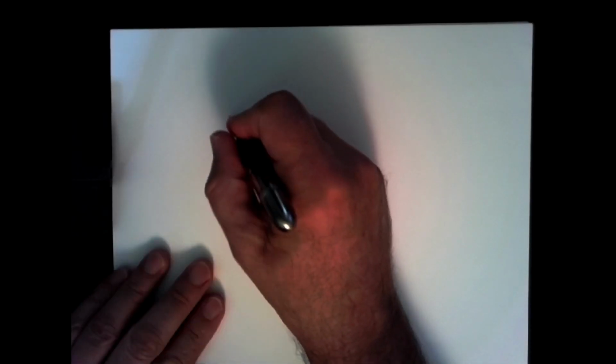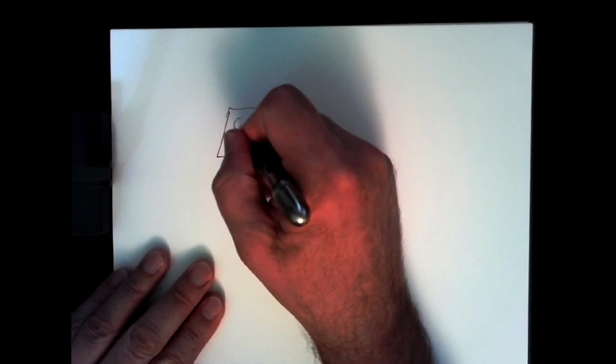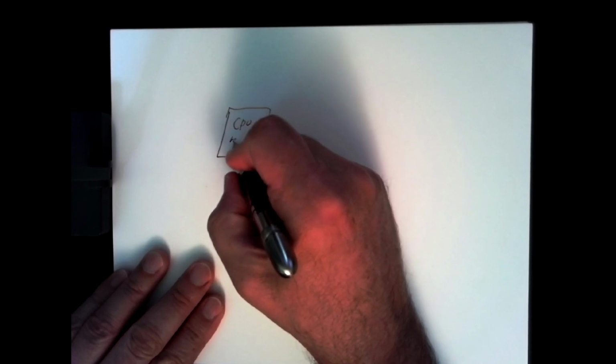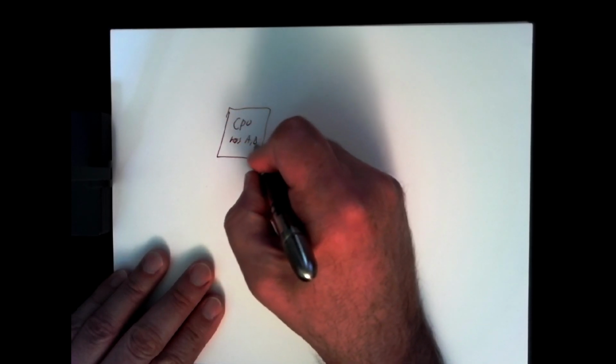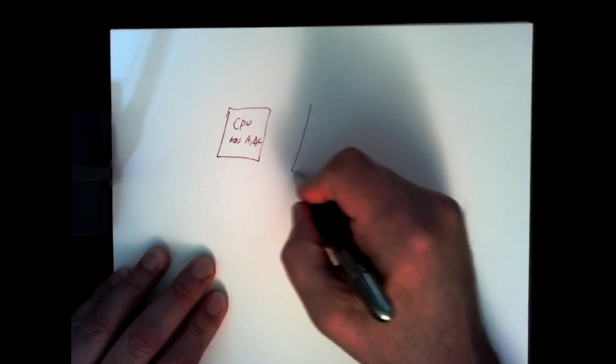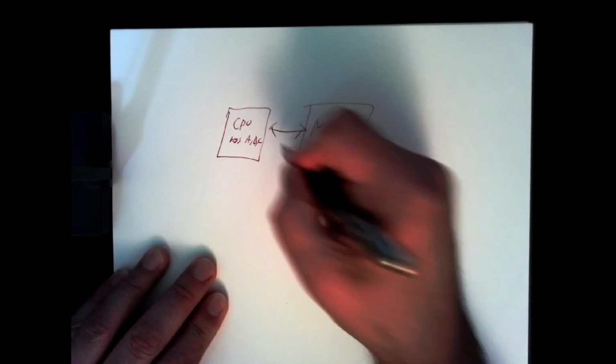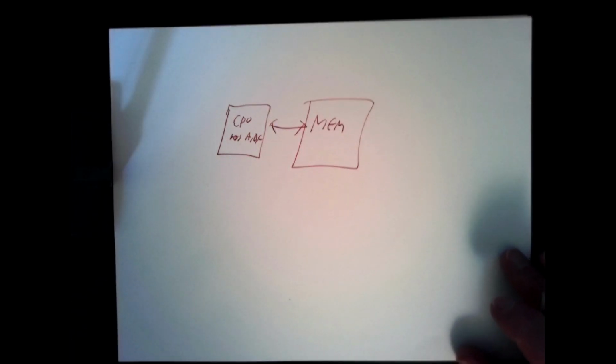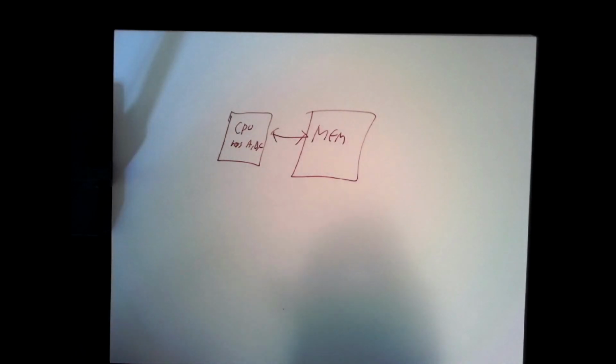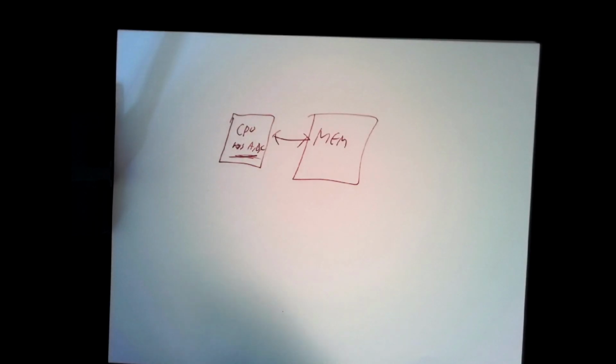And so the typical picture would be we'd have a CPU and would have some registers like A, B, C, and so on, and then there'd be a memory. And the CPU would get most of its data from memory and store most of its data in memory. But there were a few registers inside, kind of like the working register on the PIC, that you had very fast access to.